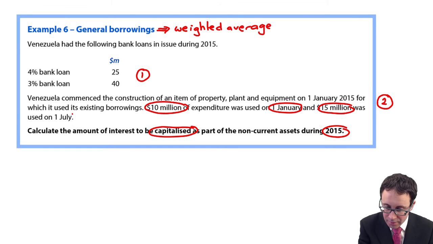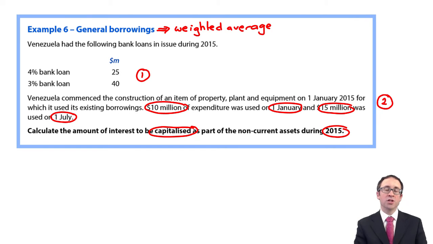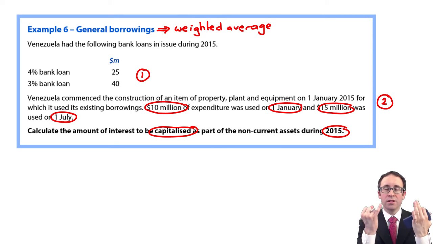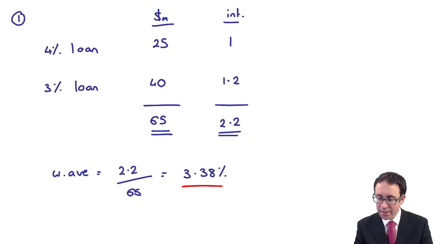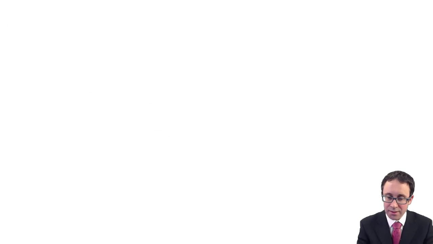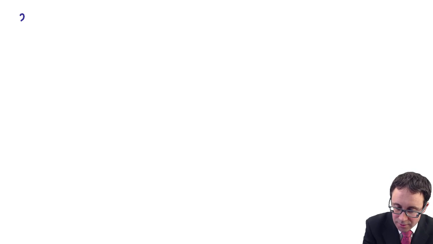And then 15 million was there from the 1st of July: July, August, September, October, November, December. So that's 6 months. I need to take this 3.38% and apply it to the amounts that we have borrowed for the year.